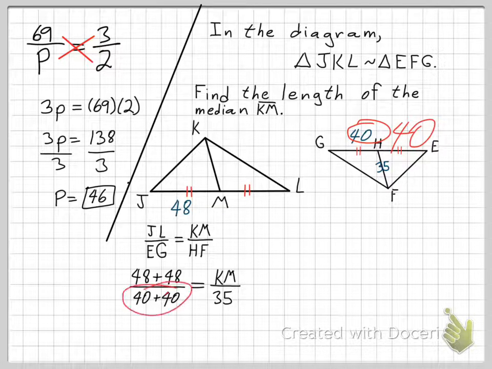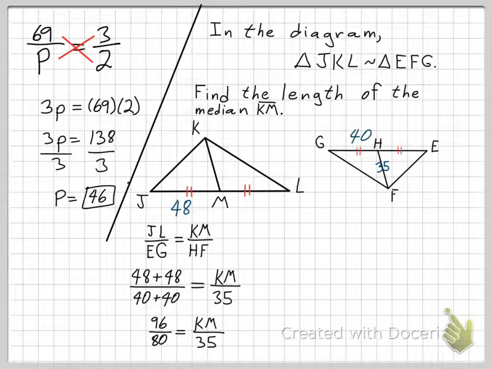So that's where I get the 40 plus 40, because that's the length of EG. And that equals KM over 35. And to continue, so 48 plus 48 is 96. 40 plus 40 is 80, so there's my proportion.